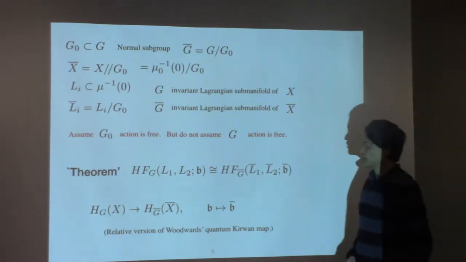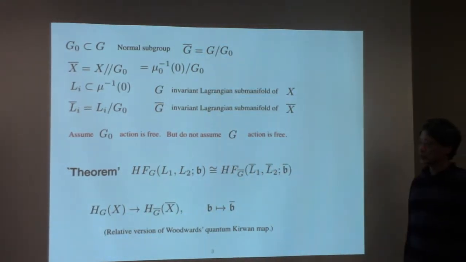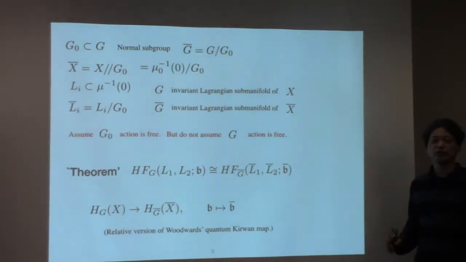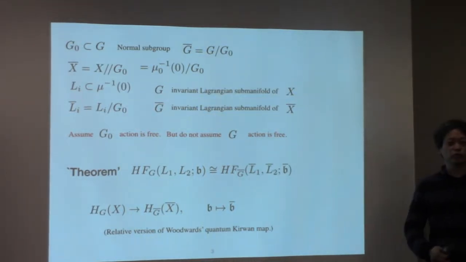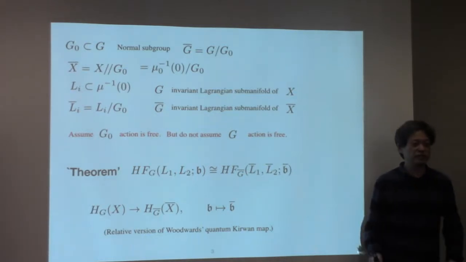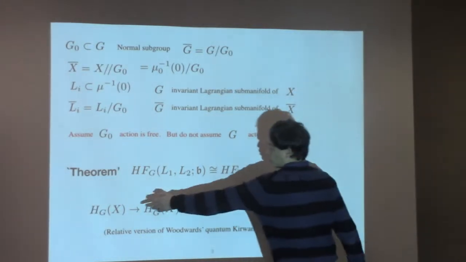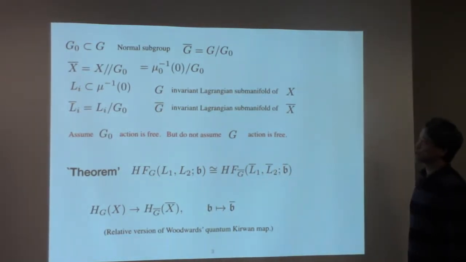And there is a correspondence between bulk deformations. It goes from G-equivariant homology of X to G bar equivariant homology of X bar. And this is some kind of a relative version of Chris Woodward's quantum Kirwan map. So Woodward's is the case when G0 is G. So in the absolute version, Woodward gives some map between these homologies. And then we can prove this kind of theorem.